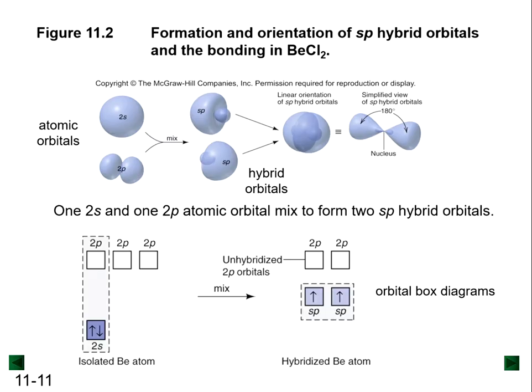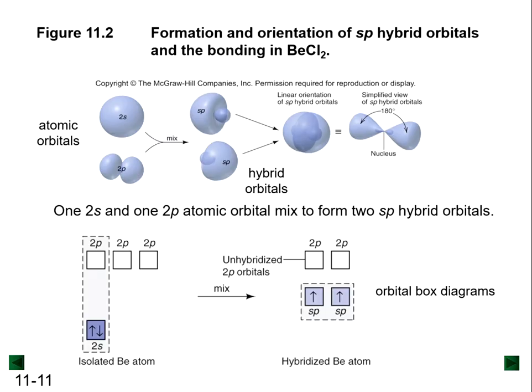In this case, we mix these atomic orbitals to produce the hybrid orbitals. So on the right-hand side, we have our hybridized sp orbitals. Notice that there's a vertical axis that implies energy. The 2s, of course, is below the 2p, but the sp hybrid orbitals are between the 2s and the 2p orbitals.